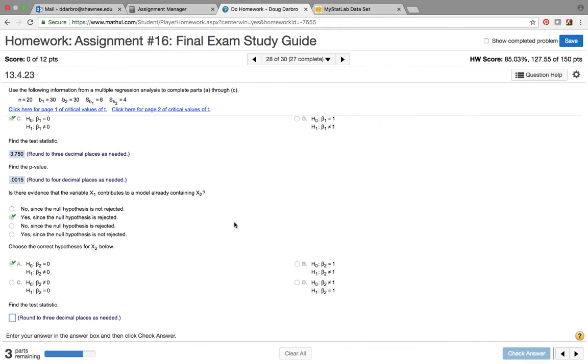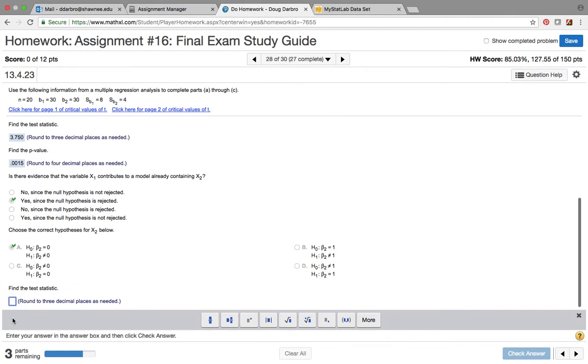The big thing here, this is really redundant, it's just don't make a silly mistake. The test statistic for beta 2 will be 30 divided by 4. So 7.5, but it wants us for some reason to go out 3 places.